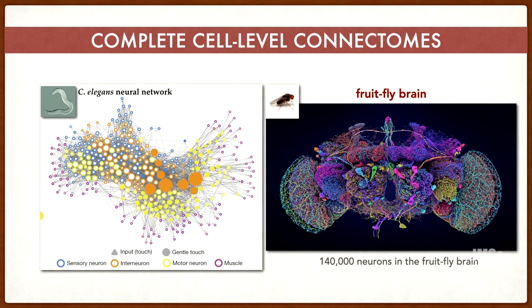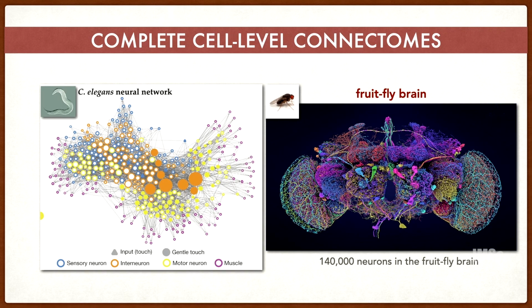However, the way I described the brain network was considering the complete cell level connectome, which is about the connection between the neurons. For that, the complete cell level connectome is only available for, I think, the C. elegans neural network, which has around 316 neurons approximately, and the fruit fly brain, which has 140,000 neurons.